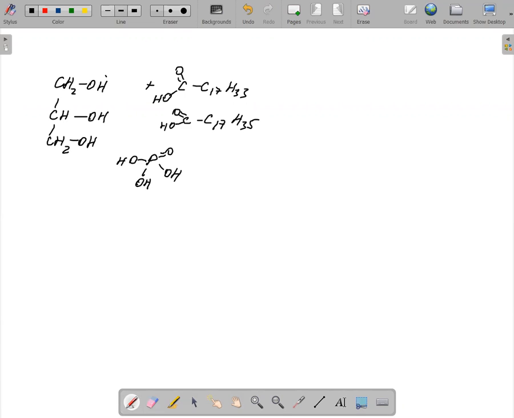Now let's remove water. OH goes away from an acid, and it doesn't matter whether it is organic or not. And again, it's not a real reaction. It's just a scheme of lipid formation.